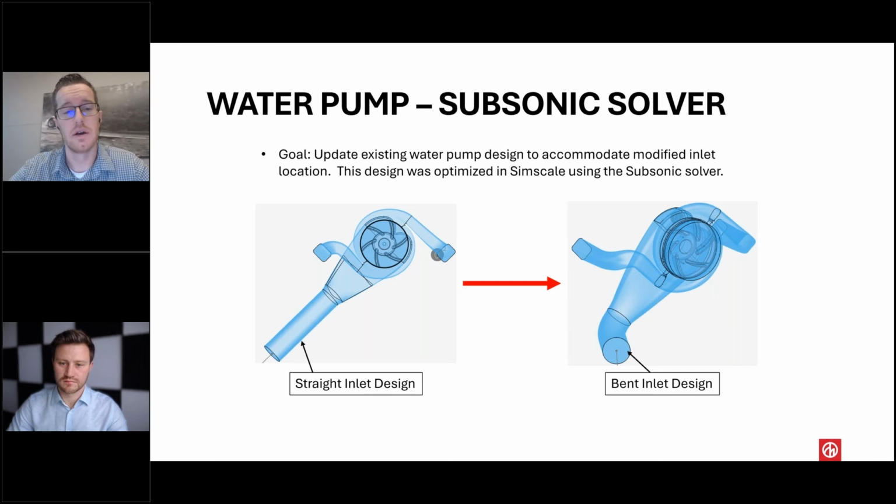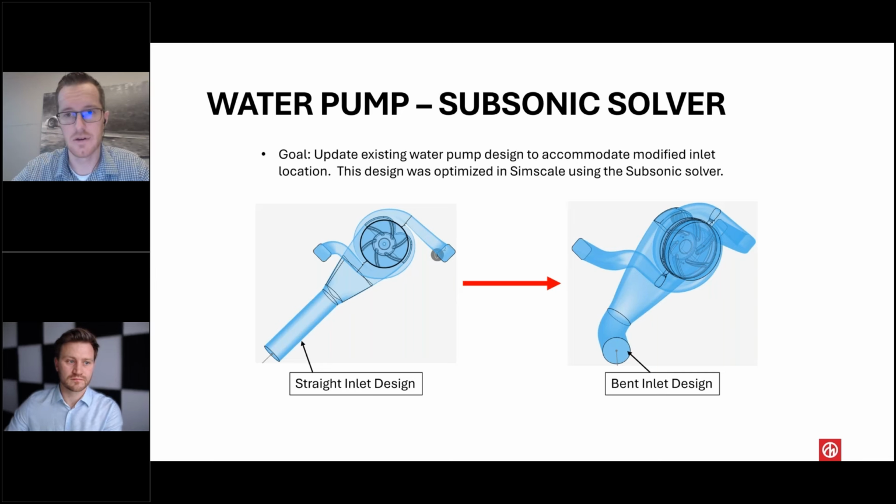And so these packaging constraints necessitated this change, and so we wanted to use our SimScale tool to optimize that bit of geometry and ensure that there was no significant loss in flow characteristics due to this change.